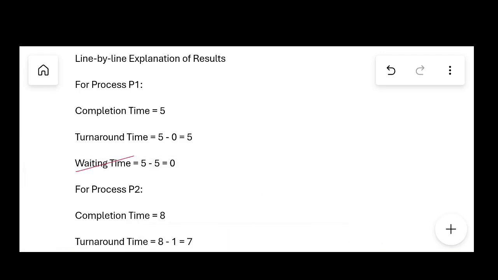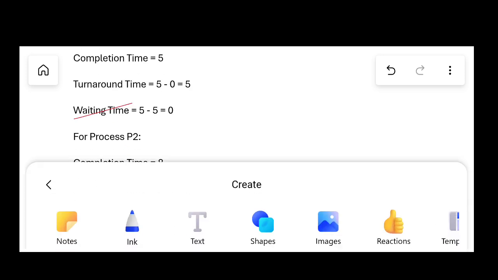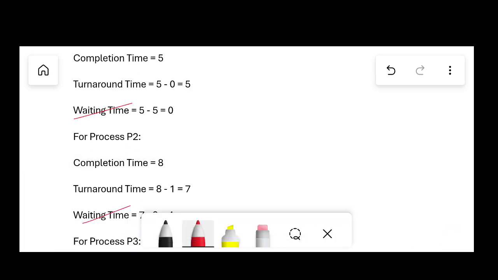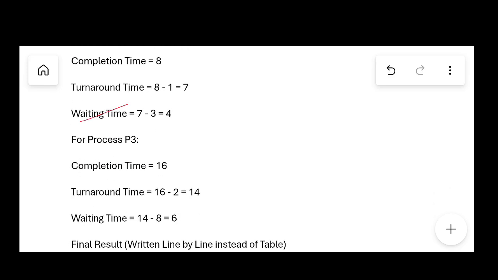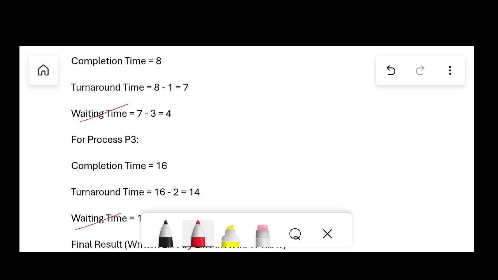Then P2, 7 minus 3 equals 4. Then for process P3, 14 minus 8 equals 6.